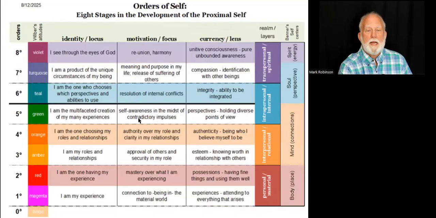And I will assure you that this is actually possible, but it's not easy because it requires that we be doing our own work and paying attention to, and this is where it gets difficult, I've got to pay attention to my own interior. Because without paying attention to my own interior, I'm not getting to fifth order and doing the fifth order work here that will move me up to sixth, seventh, eighth orders.